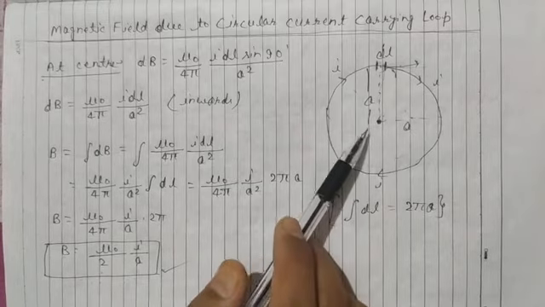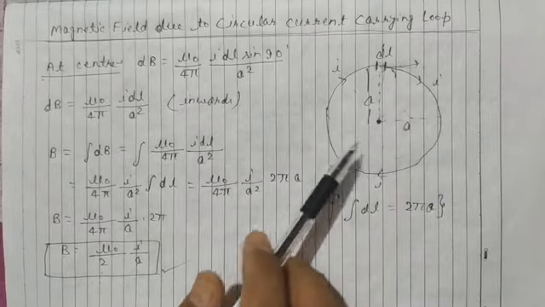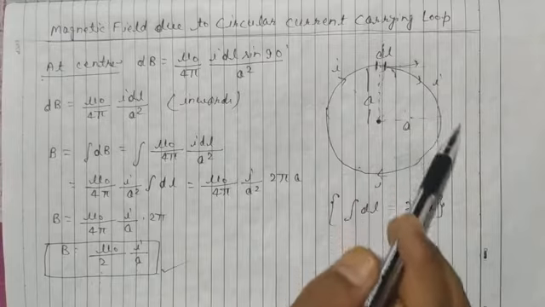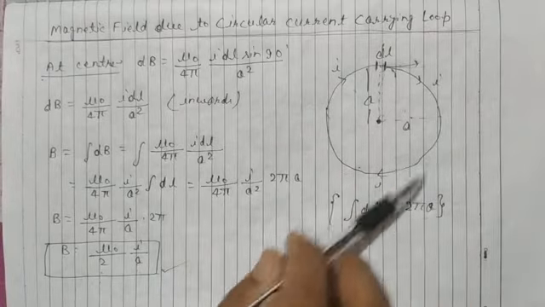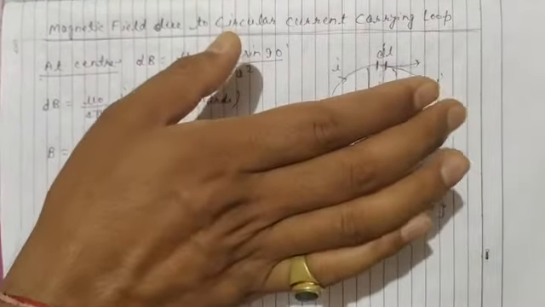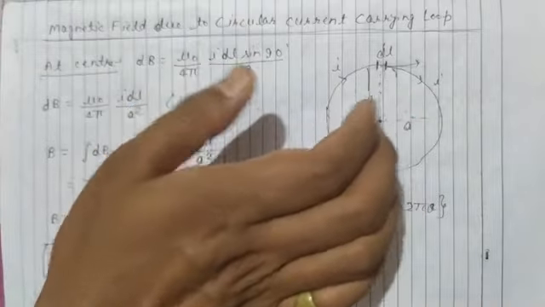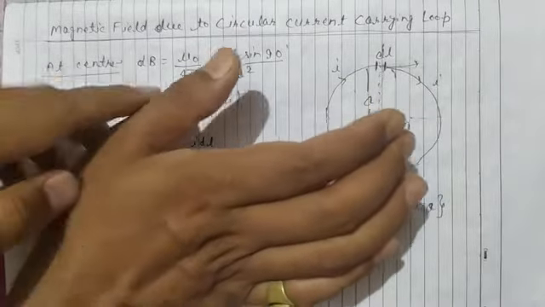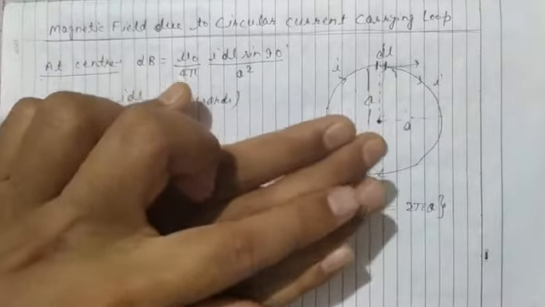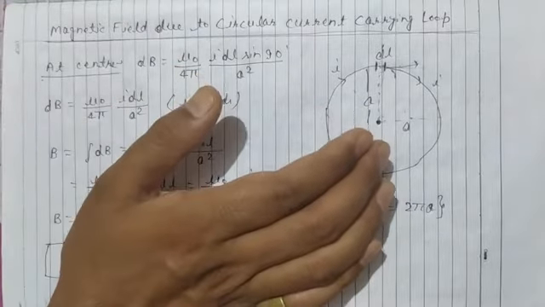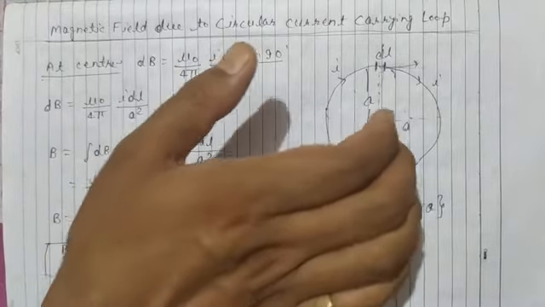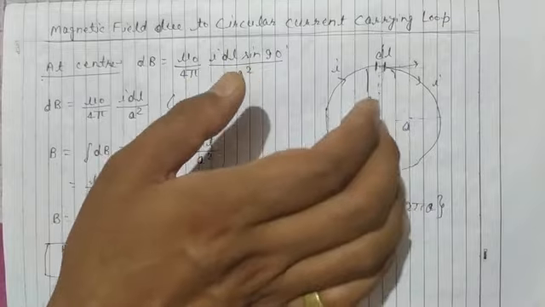And the direction of this magnetic field is inward, because the current is flowing in the clockwise direction, and we use the right hand palm rule: thumb in the direction of current, and we bend the fingers at the point where we want to find the magnetic field, inward. So the magnetic field is inward.